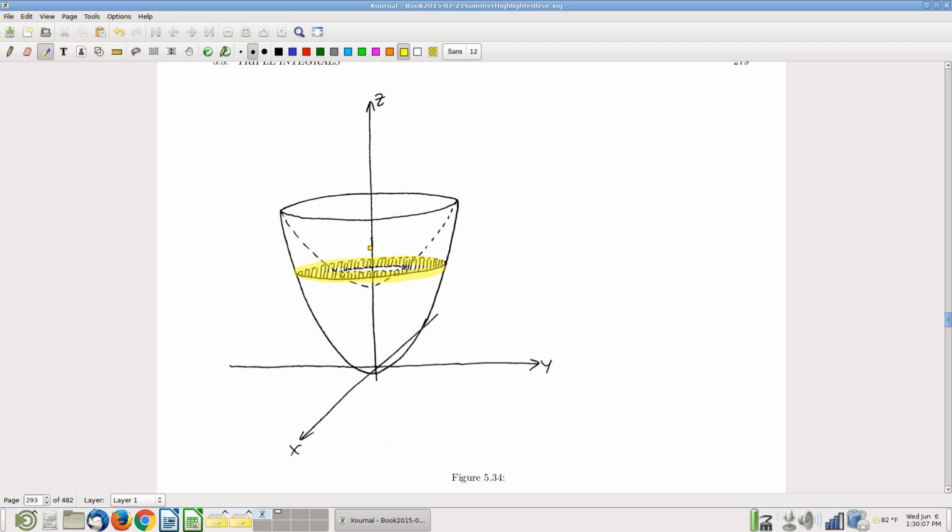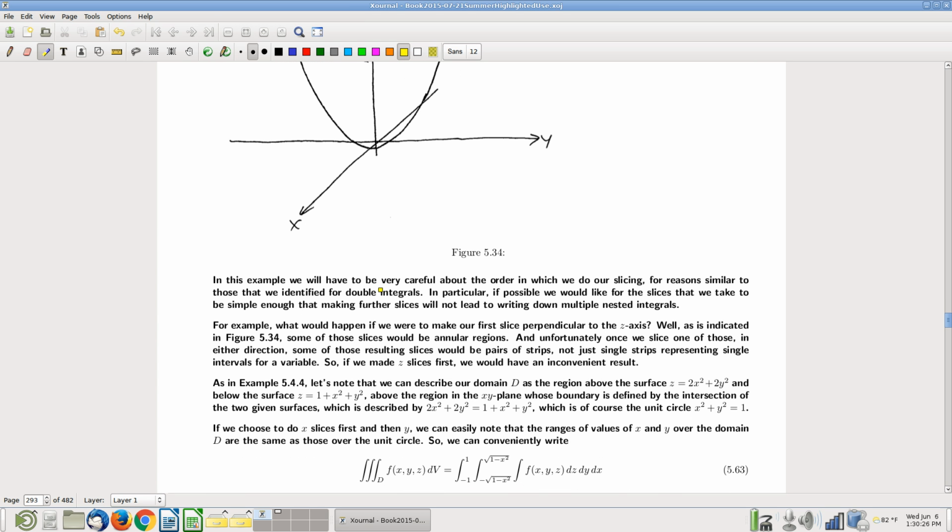Now, looking at our z slice, how do you do x slices or y slices? Whether you do x slices first or y slices first, you're going to end up hitting these little edges, and this is going to break into a bunch of pieces. This is highly undesirable. We definitely do not want to do this. So do not, I beg you.